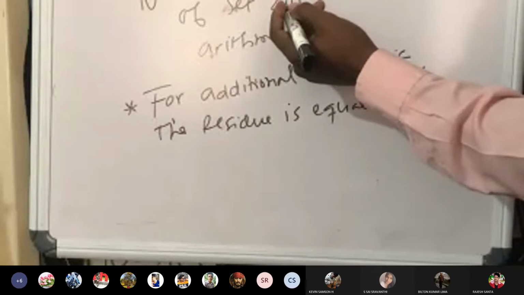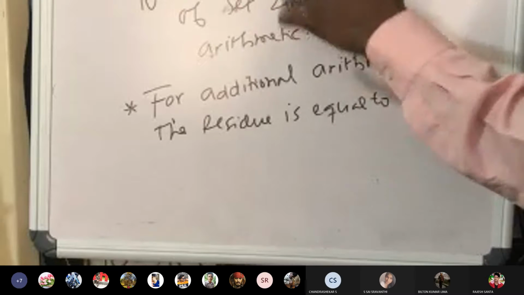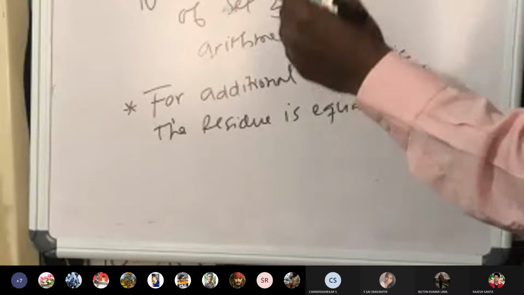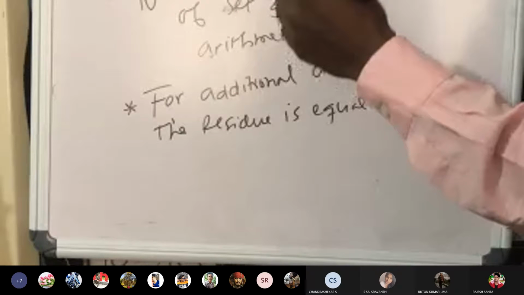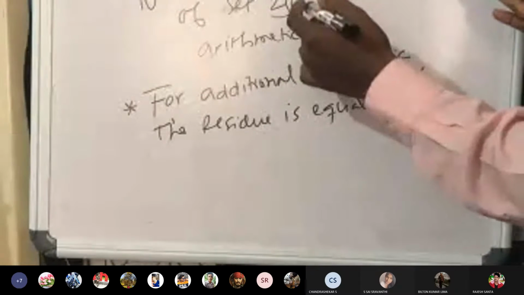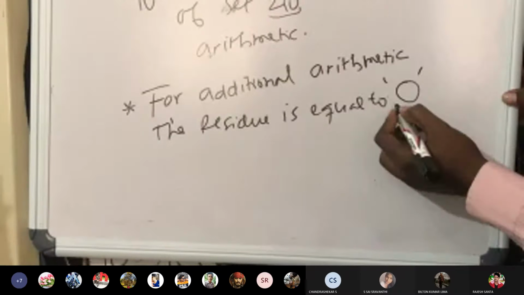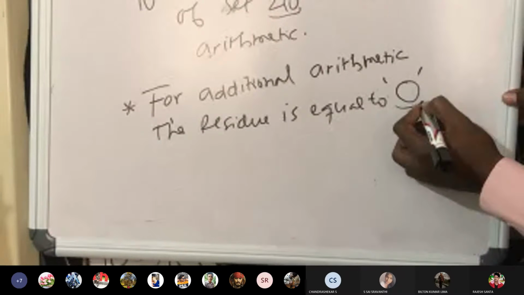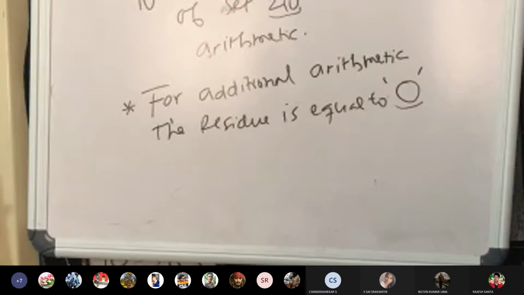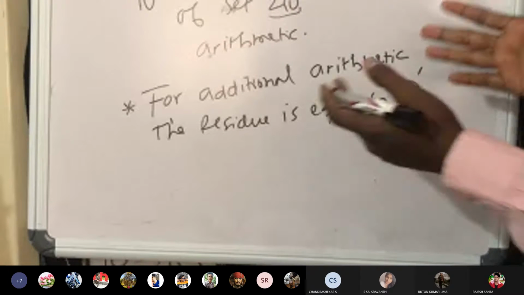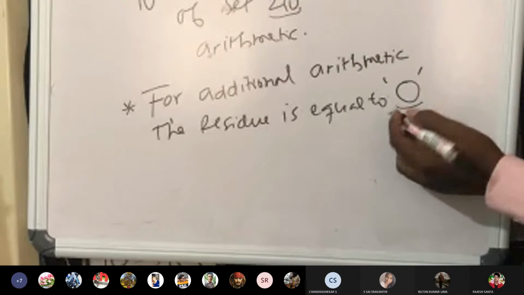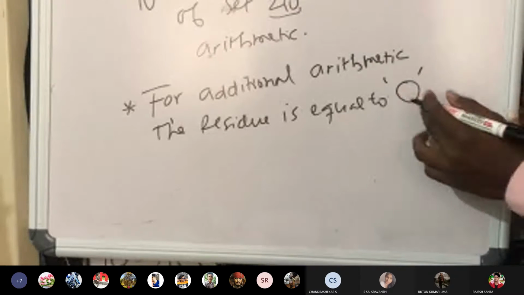In the set Z, I come back to this set, the elements are from 0 to 9. In additive inverse, we want the residue, remember, in the so-called extended Euclidean we have seen it as a remainder, but in modular we call it a residue. The residue should be equal to 0.